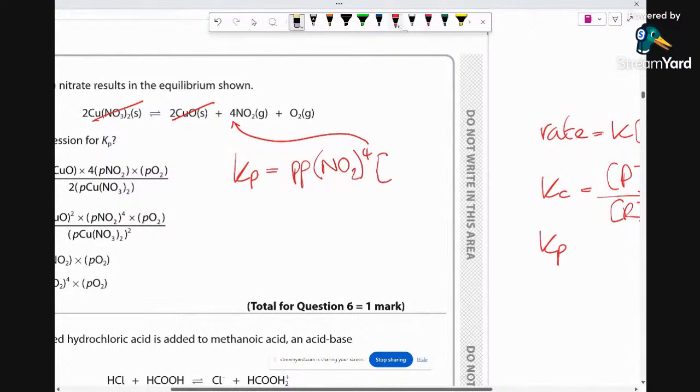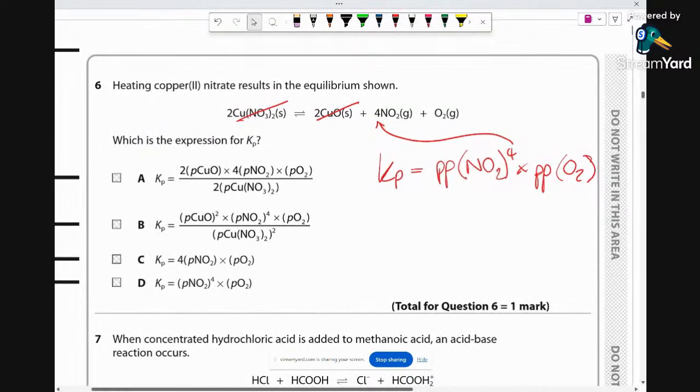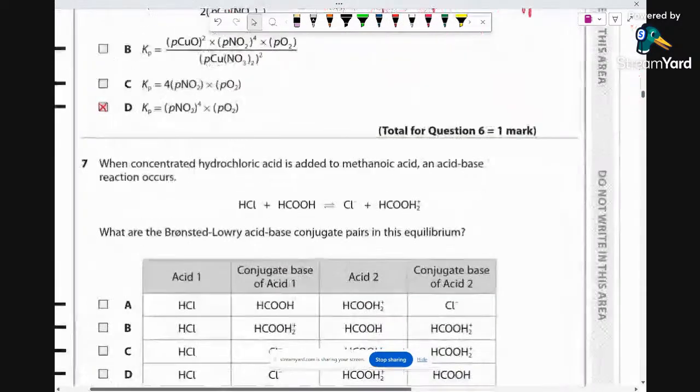And then multiplied by the partial pressure of oxygen raised to the power of 1. By the way, you're not allowed to use square brackets. They're round brackets for Kp. Be careful. And there are no reactants because the reactants are a solid, so it vanishes. It's over 1, which is just nothing. So the answer is D. Nice question, though.